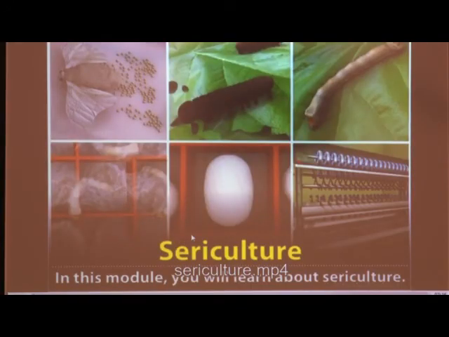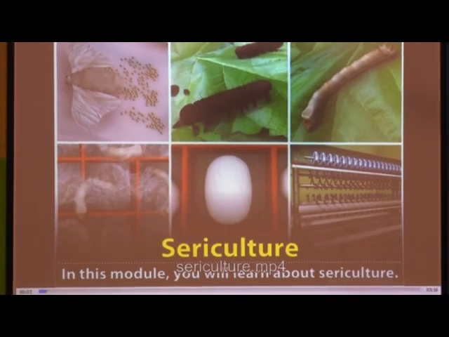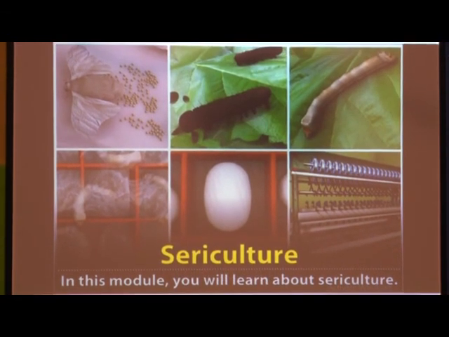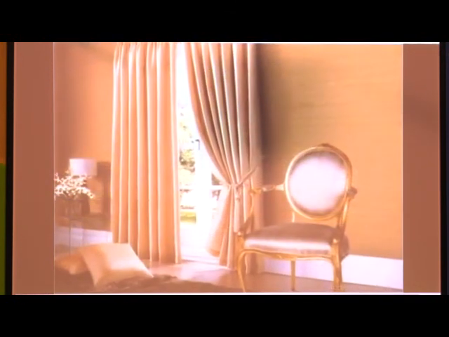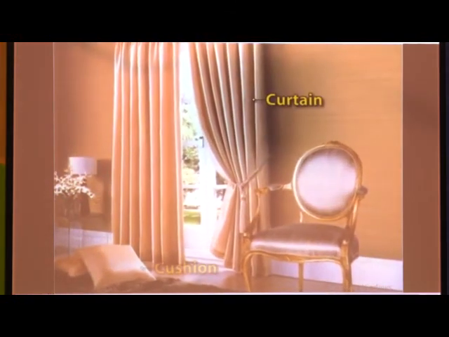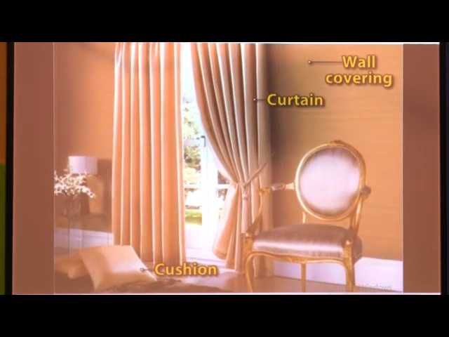Sericulture. In this module, you will learn about sericulture. Silk is a fabric with an attractive luster and drape. Called the queen of fibers, it is used not only to make beautiful clothing, but also for upholstery and soft furnishings such as curtains, cushions and wall coverings.